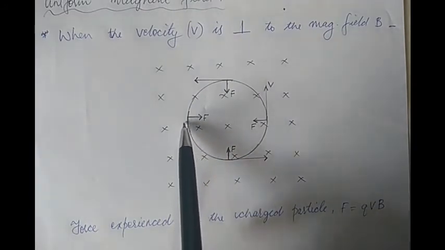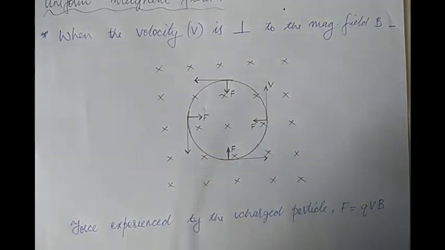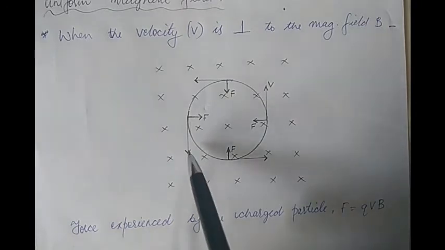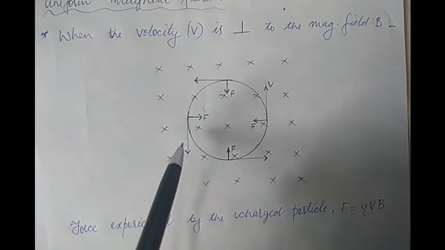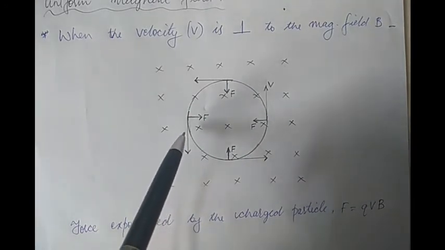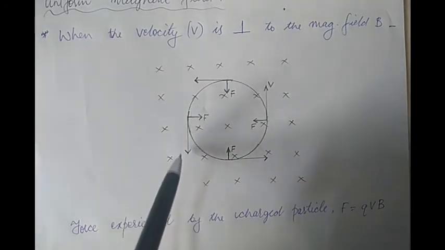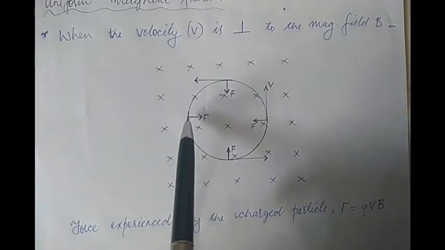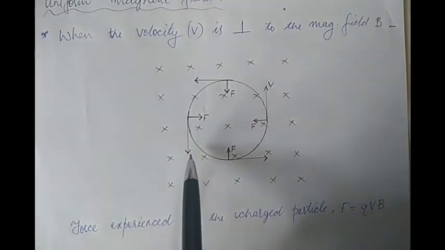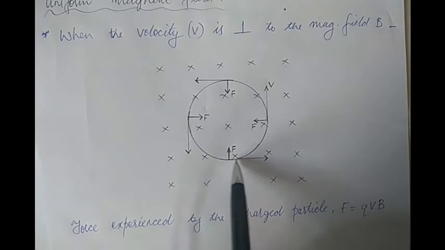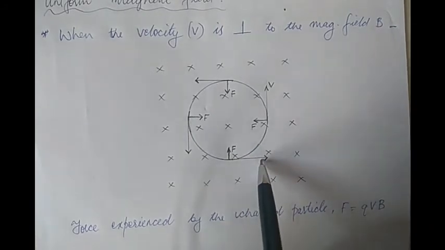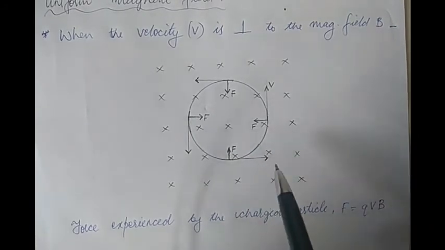Now again, the velocity and the magnetic field, which is perpendicular to the plane of the paper, in the inward direction. You apply the right-handed screw rule. So when you rotate the right-handed screw from the direction of the velocity to the direction of the magnetic field, what happens is the force experienced is in this direction. So the charged particle eventually starts moving in this direction. So again you apply the right-handed screw rule.